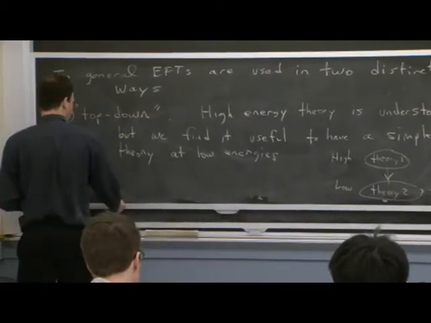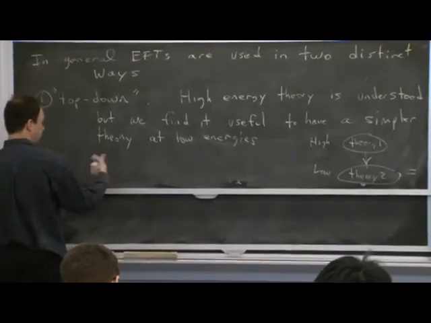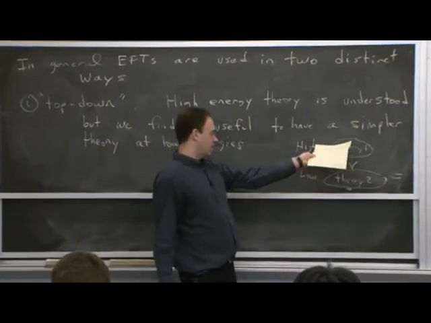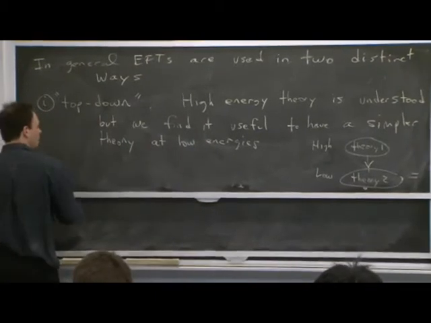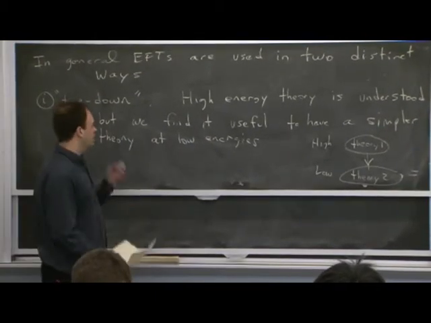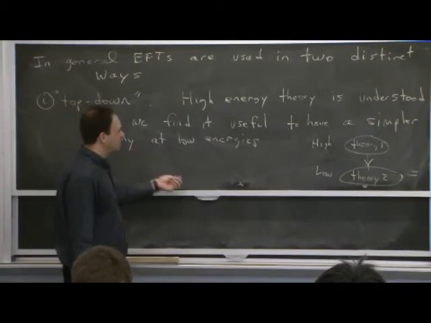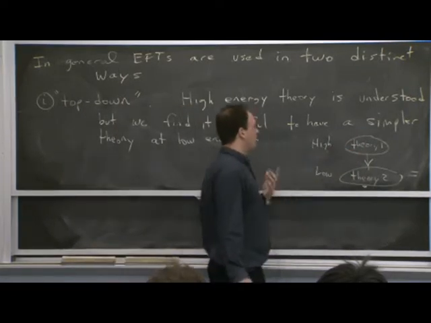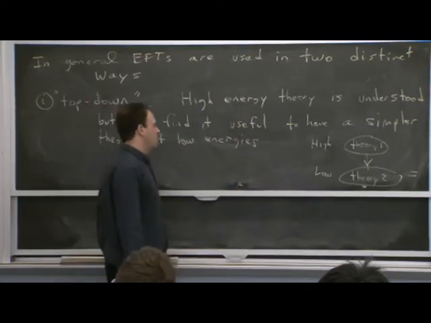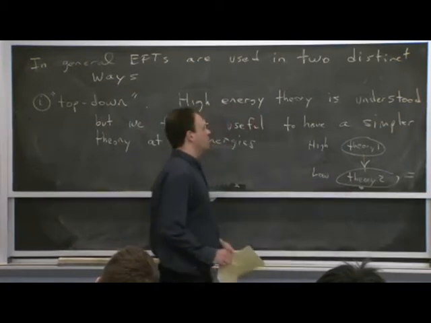So that's the situation we are in, what we call top-down, coming from the top, from high energy down. So what do we do? Well, in this case, it's kind of nice because we can actually use the fact that we know theory 1 and can do calculations in that theory 1 to even think about constructing theory 2.